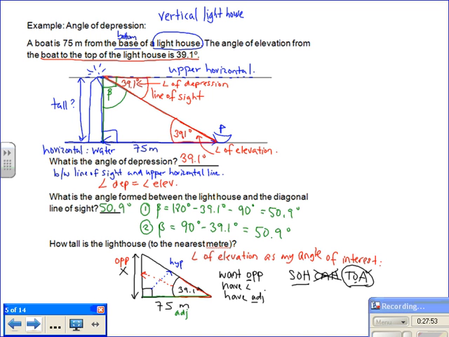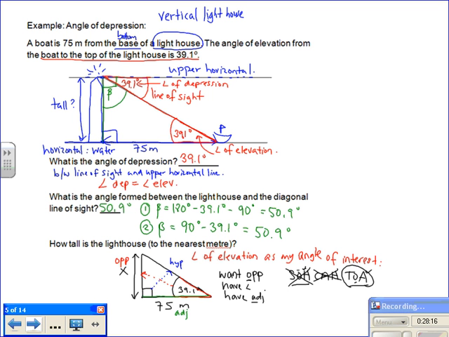Actually, sorry, I can't use sine because I want the opposite and I'd need the hypotenuse, and I don't have anything here except the angle. So I certainly can't use sine. My only option here is to use the tangent, if I'm using 39.1 as my angle.